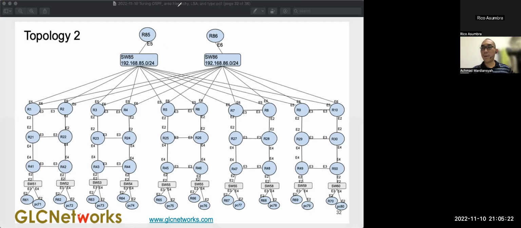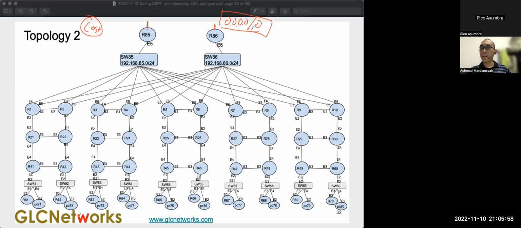It depends on the cost. Here you have a default route, 0.0.0.0/0. This default route is classified as an external route, not an internal route.